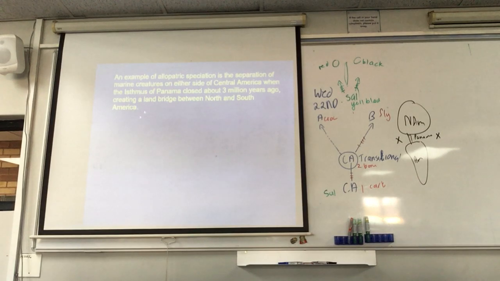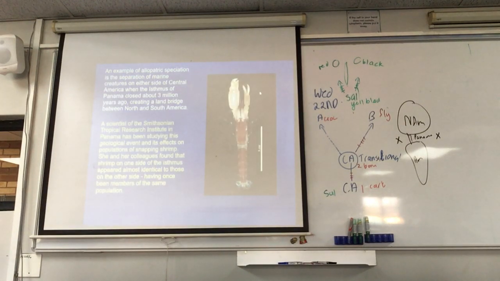All right. So on either side of the Isthmus of Panama, the little land bridge, it closed about 3 million years ago. Initially, North America and South America were not joined. Now they are. And these are these little shrimps, the snapping shrimps. And this scientist, I can't remember her name now, she's from the Smithsonian.